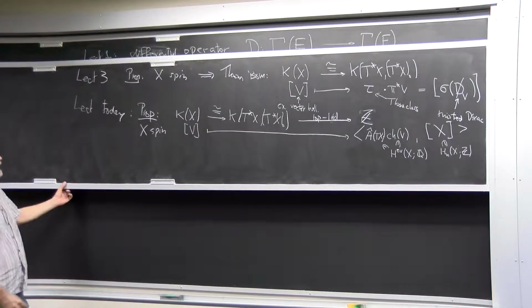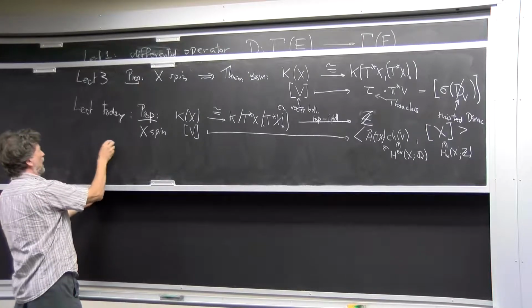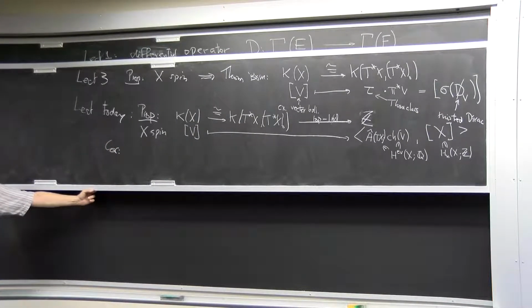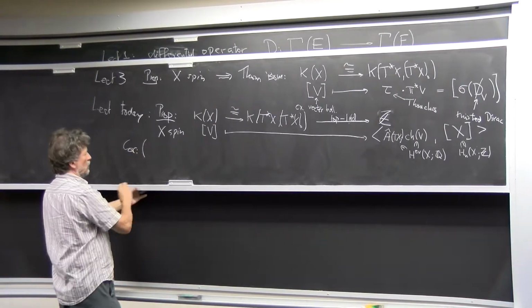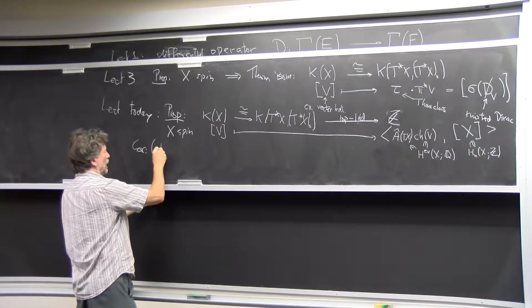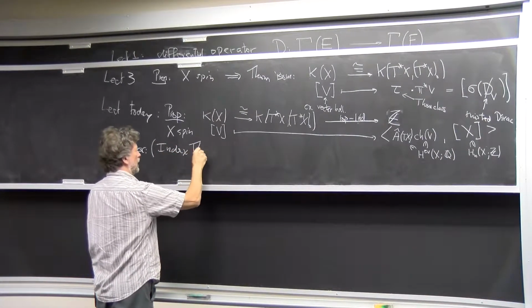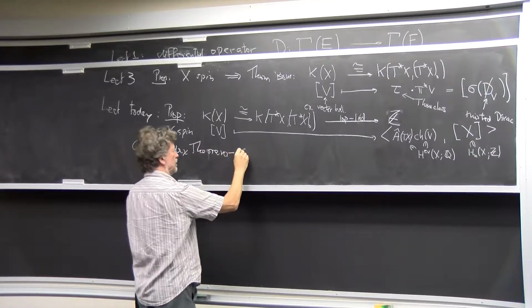Okay, so that is then, as a corollary of this, you get a formula for the index of twisted Dirac operators, right? And that would be another version of the index theorem, namely the cohomological version.